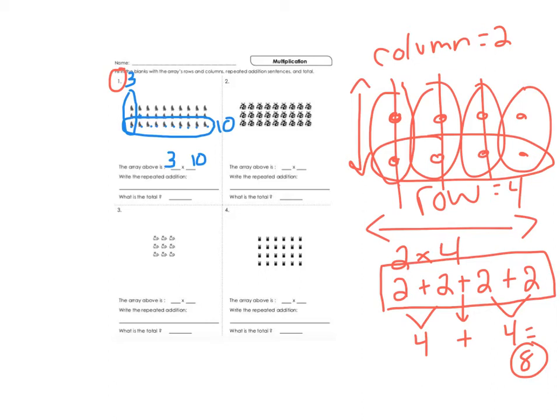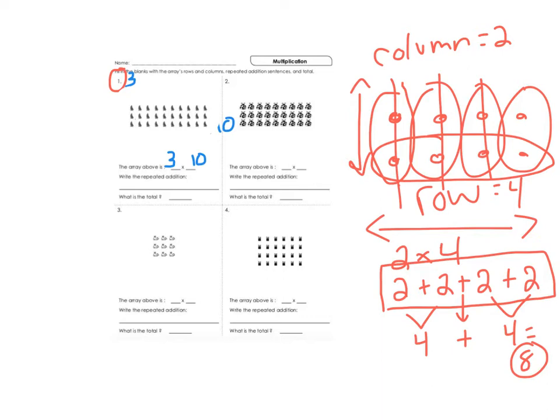So, one way you can look at this is how many groups of 10 there are. Let me get my eraser so I can show you a little bit easier. If I'm looking at the groups of 10, how many groups of 10 do I have?